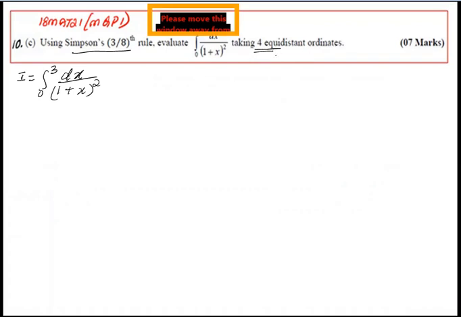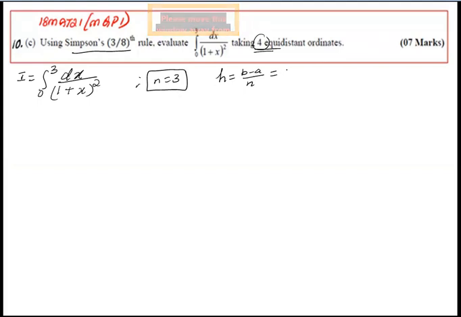Means the number of ordinates is 4, so the value of n is 3, ordinate minus 1. And h value is b minus a divided by n, where b is 3 here, so 3 minus 0 divided by 3, so the value of h is 1.